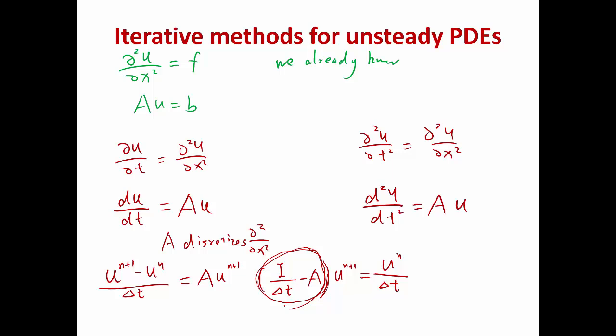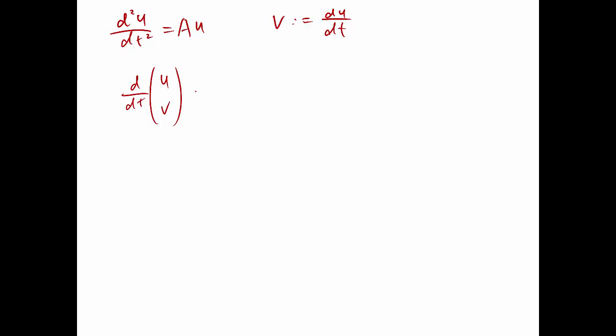All right, let's also discuss this equation a little bit because we are going to be doing this in our project. This equation is discretized into d square u dt square equal to Au, and if we define v equal to du over dt, what we get is d dt of u and v is going to be equal to a matrix times u and v, right?